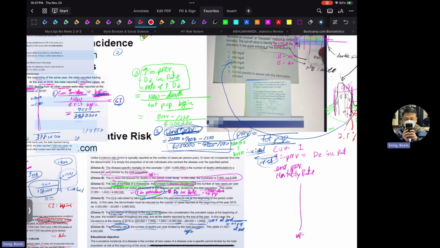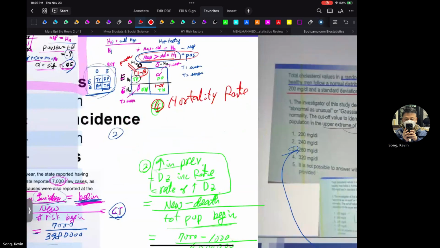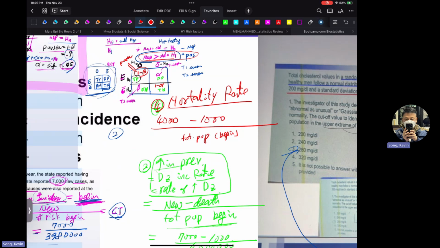So the number of deaths, where is it? Mortality rate, total population at the beginning of the year. And then over the number of deaths, there were the 40,000 people who died of something else, and then 1,000 who died of this disease, right?